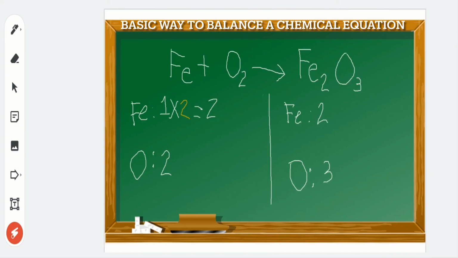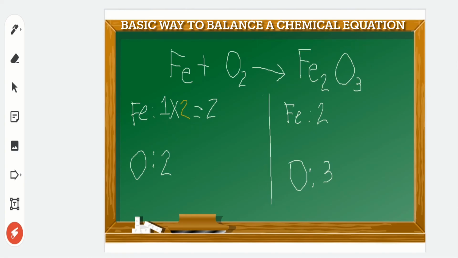So, ibig sabihin, mababago yung number of oxygen natin both dito sa side ng reactant at dito sa ating product side. So, kung i-examine natin dito, pag naglagay tayo ng coefficient dito, hindi lang yung number of oxygen ang mababago, pati na din ang number of iron dito sa product side. So, kung nabago yan, babaguhin natin ulit dito sa ating reactant side.